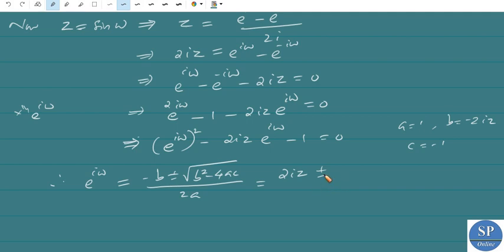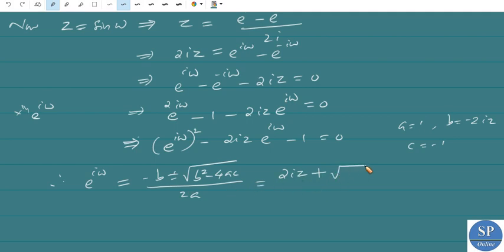We can use plus only, because the square root of b square minus 4ac is a two valued function, so we are just using plus only. In the problems we can use plus or minus.